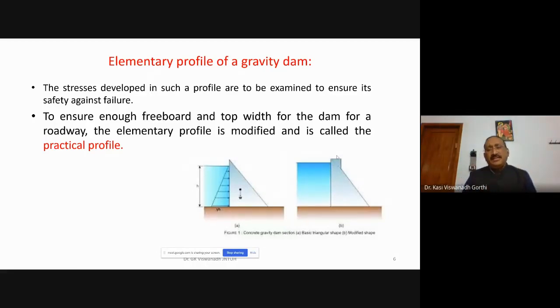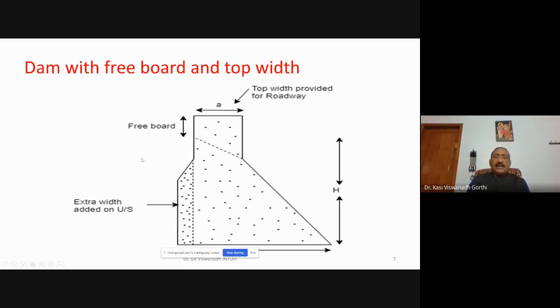Practical profile, on the other side, is not a triangular section, but there will be freeboard, there will be top width. So to ensure enough freeboard and top width for the dam, for a roadway, the elementary profile is modified and is called the practical profile. Sometimes the practical profile also will be further modified.